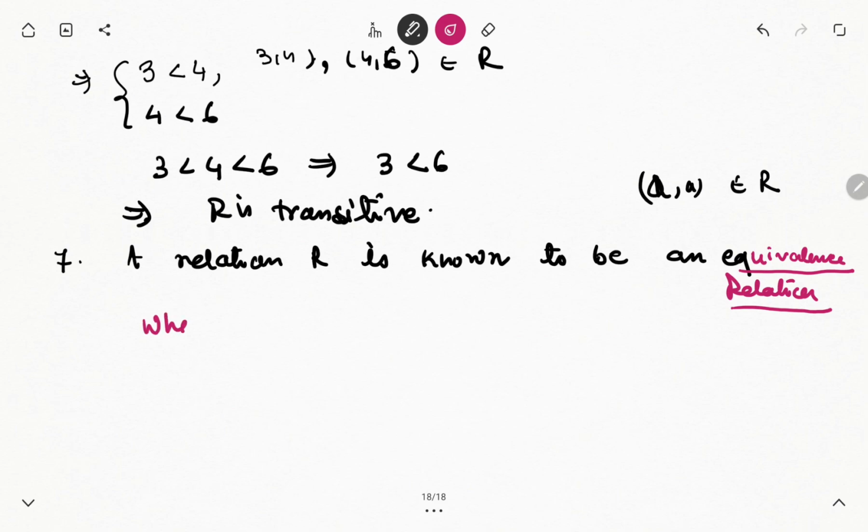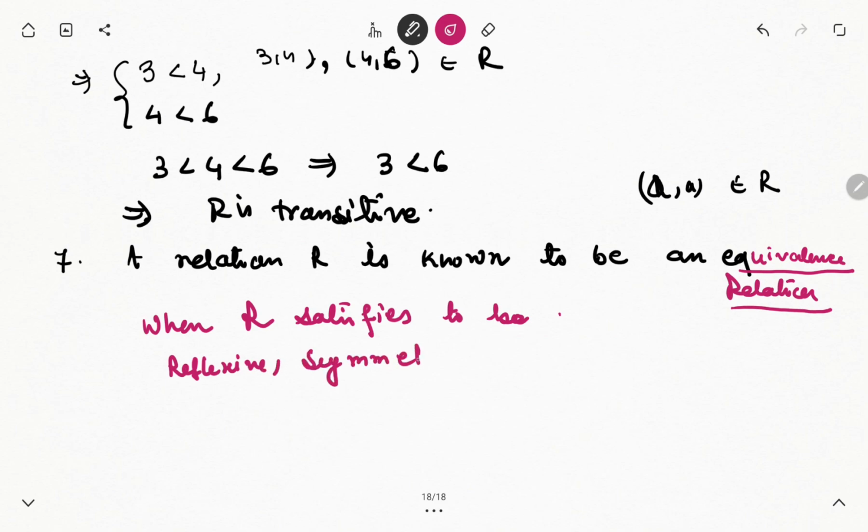When R satisfies to be what? Reflexive, symmetric, and transitive.